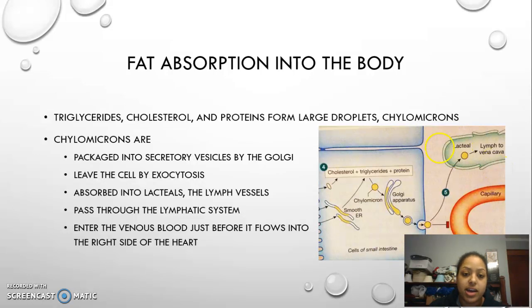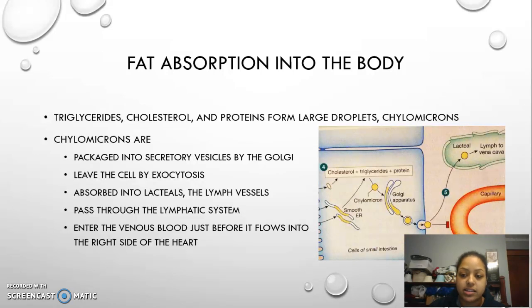So instead, they are packaged into vesicles by the Golgi apparatus, where they will then be secreted into the interstitial fluid by exocytosis. Their size also prevents them from crossing the basement membrane of capillaries to enter the bloodstream.